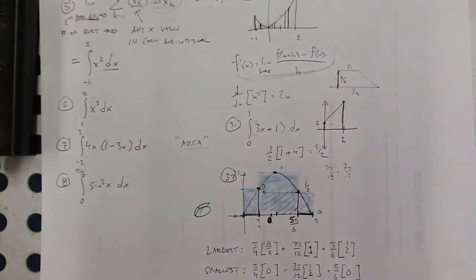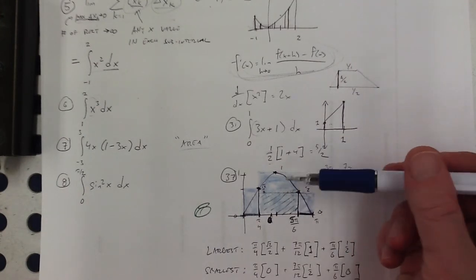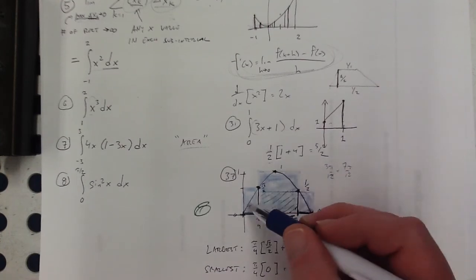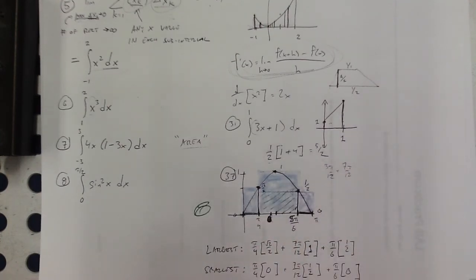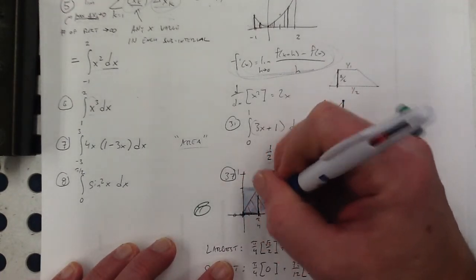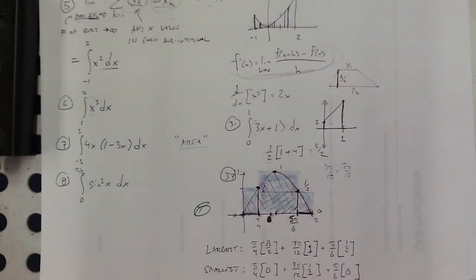And we could say for sure that the real area is somewhere in between that largest one and that smallest one. And of course you can imagine the real area would be in between those.